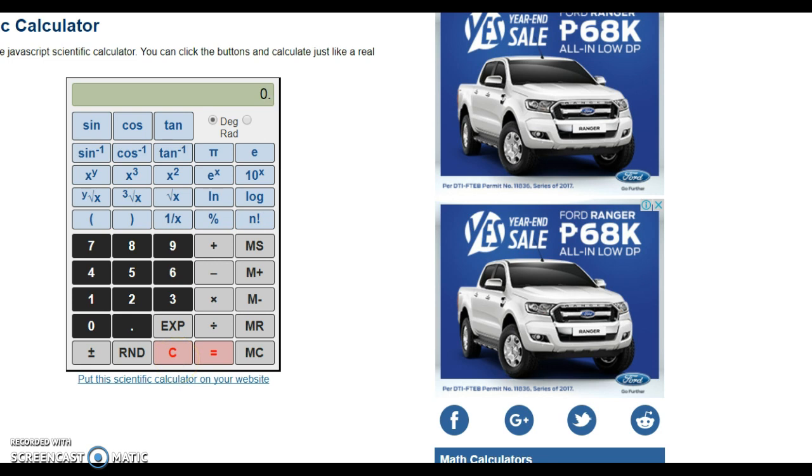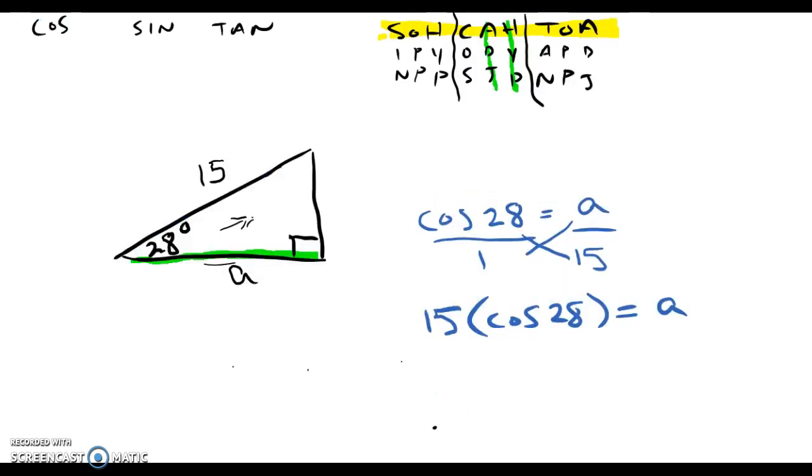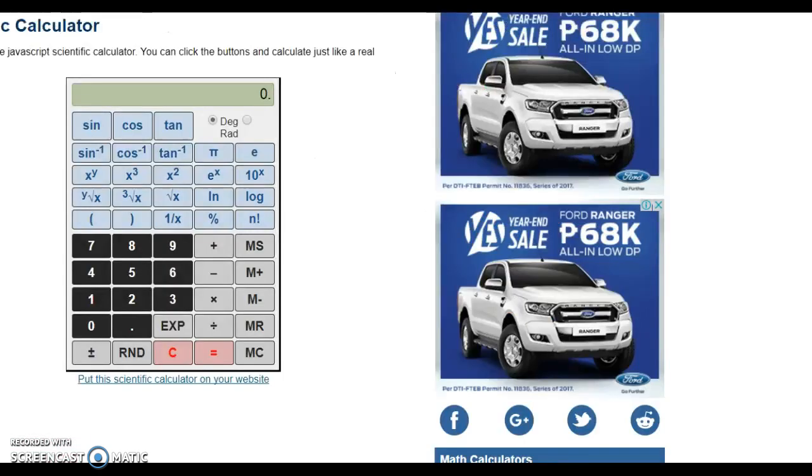Okay, we need the cosine of 28. So I'll do 28 cosine, and I'm just going to do times 15, and I'm going to get 13.